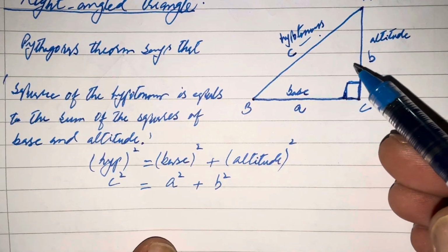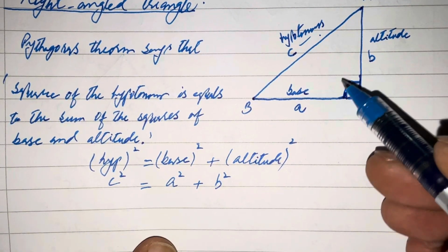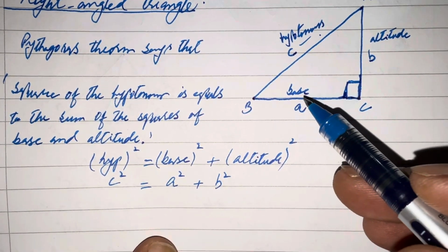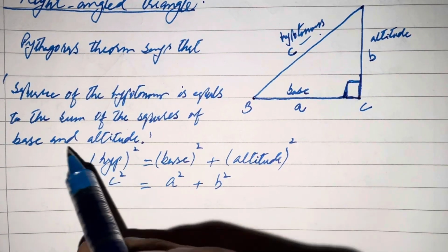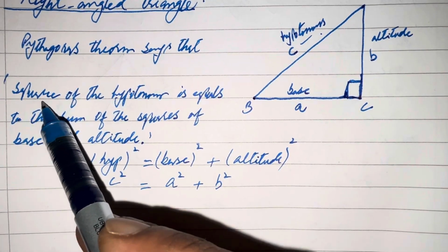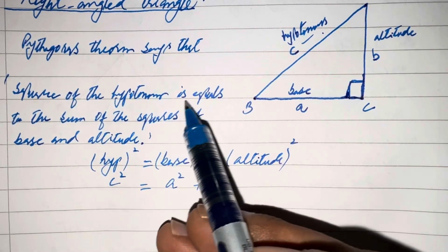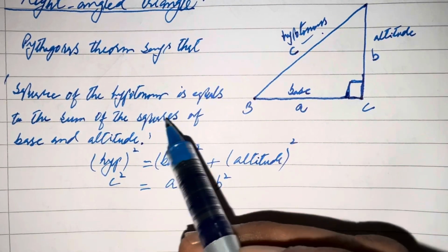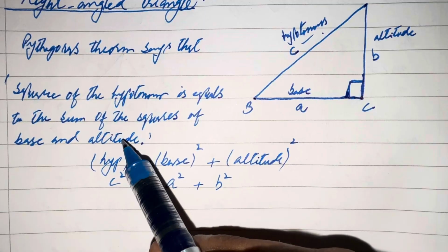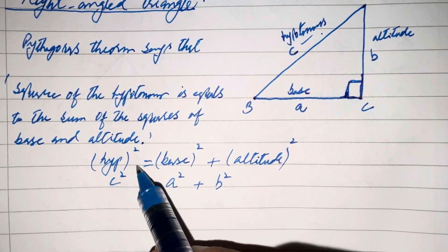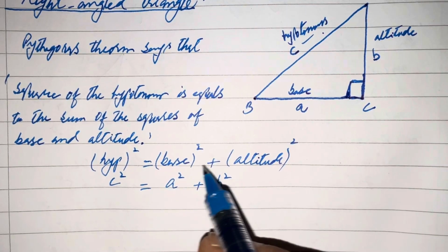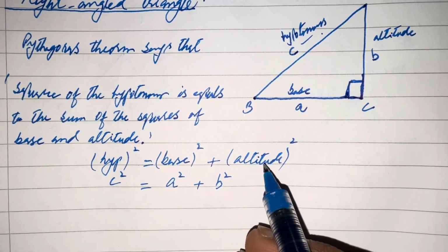In this kind of triangle, by using the Pythagoras theorem, we will always write the statement like this: the square of the hypotenuse is equal to the sum of the squares of the base and altitude. So the hypotenuse squared will always be equal to the square of the base plus the square of the altitude.